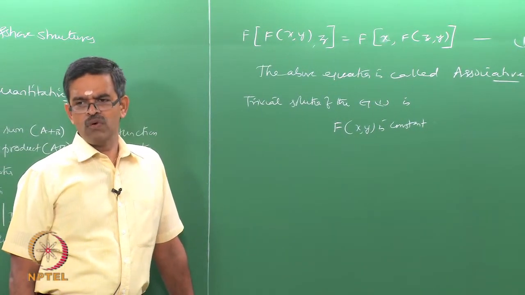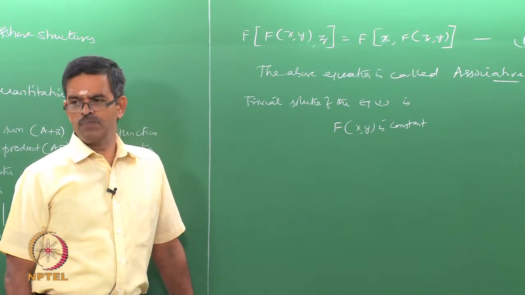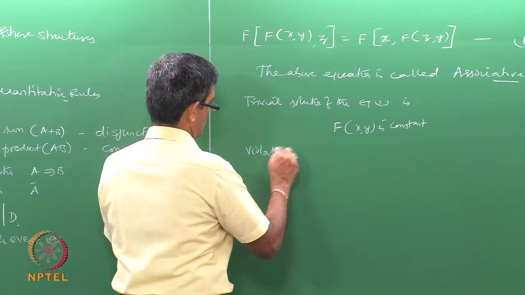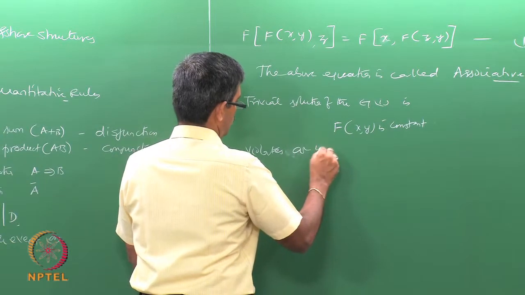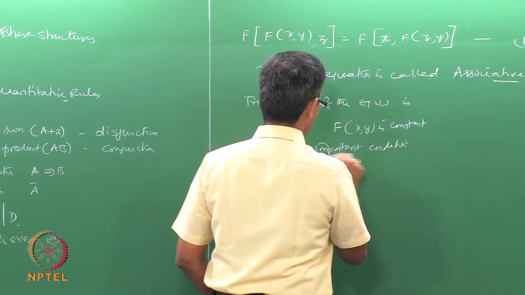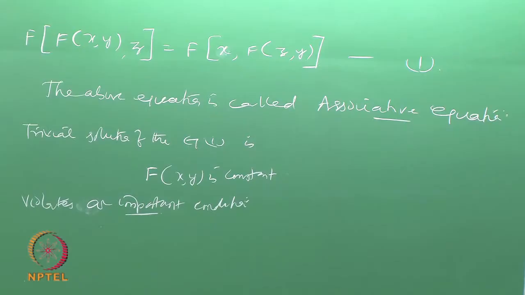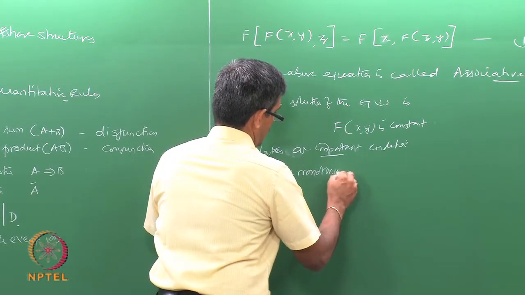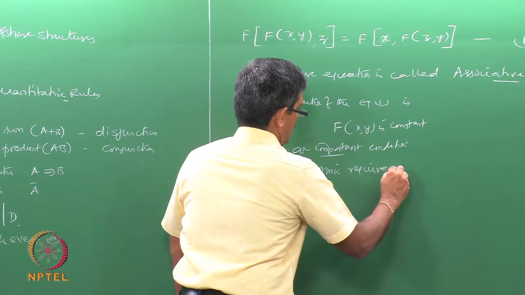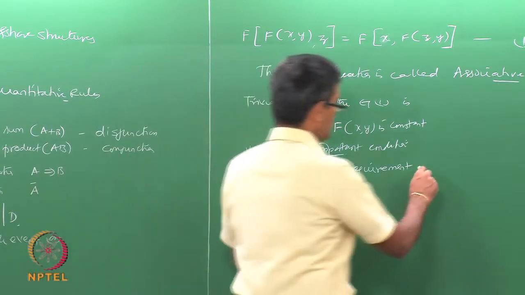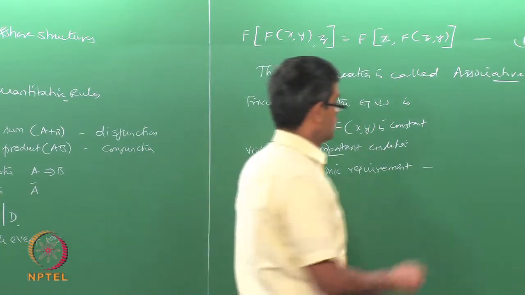But unfortunately, this solution violates one important condition. Can you tell me what the condition is? Yes, it is important to note that the monotonic requirement is violated, the requirement of the function to remain continuous is violated, and therefore, this trivial solution is of no use.